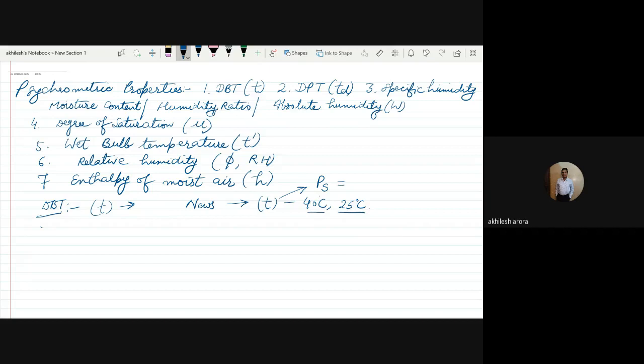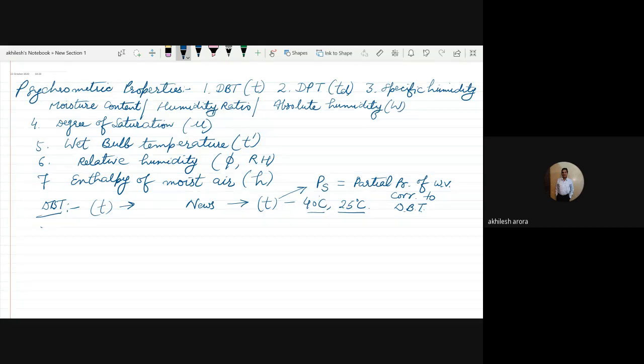This is the partial pressure of water vapor corresponding to dry bulb temperature. We will discuss it later on.